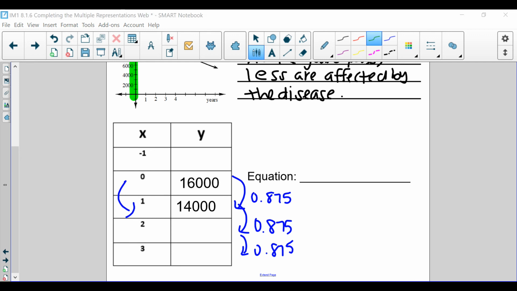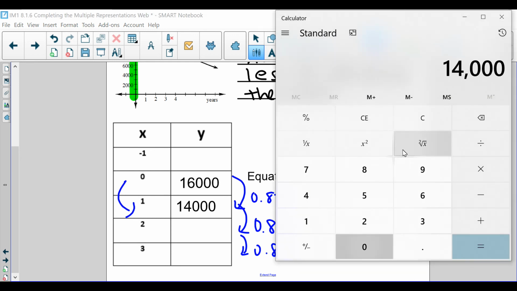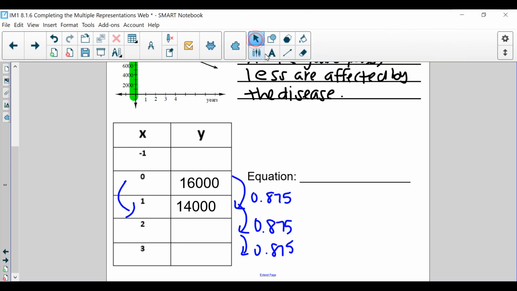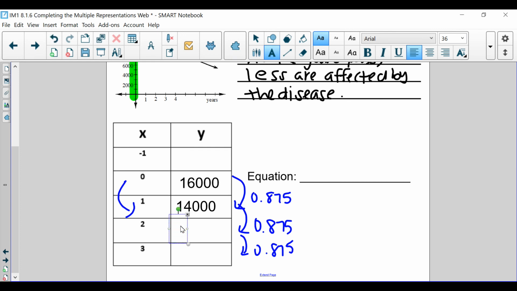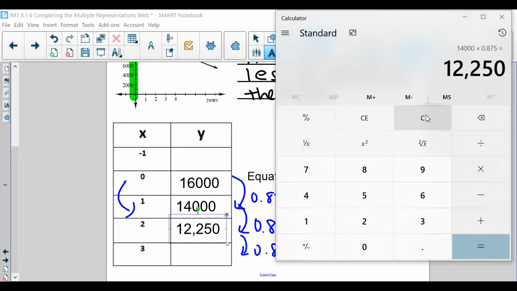So we're going to take that 14,000 times the 0.875. We get 12,250. Okay. And then we're going to take that and again multiply it by the multiplier.